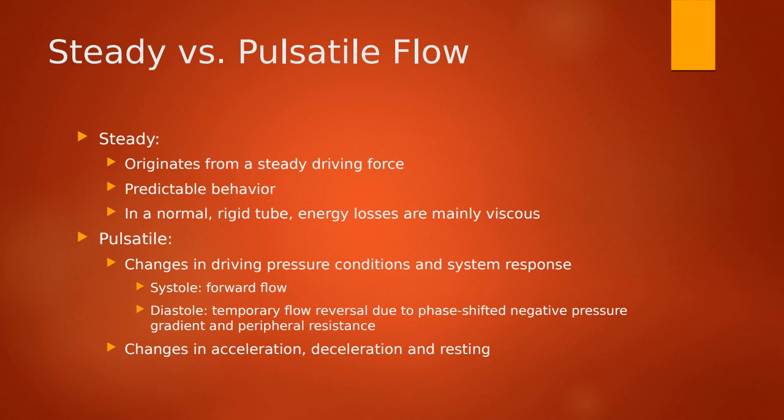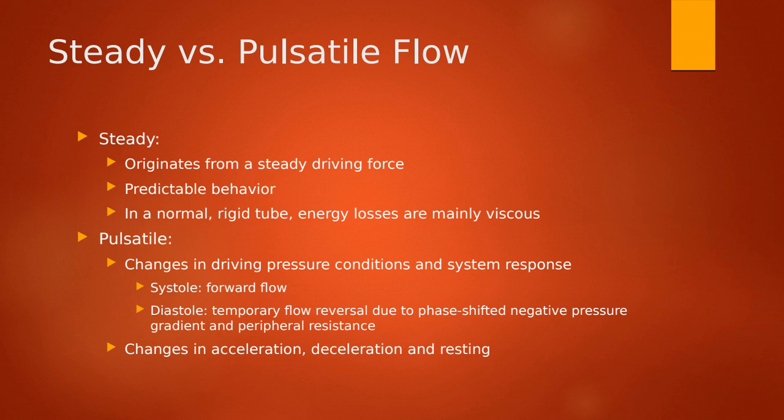So when we have our flow, we have steady flow, like we talked about, kind of, and then we have pulsatile flow. When we're talking about the arterial system, we are talking about pulsatile flow. We're not really talking about steady flow. And you're probably like, okay, well, what did you just say on slide number 14, right?